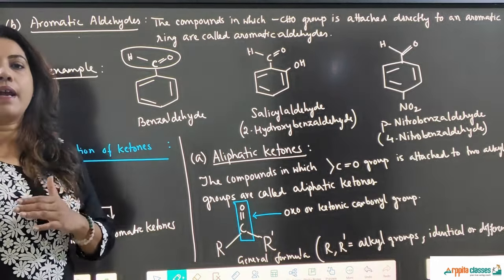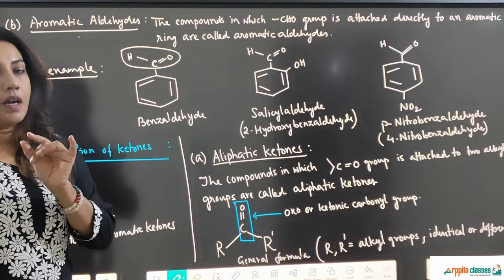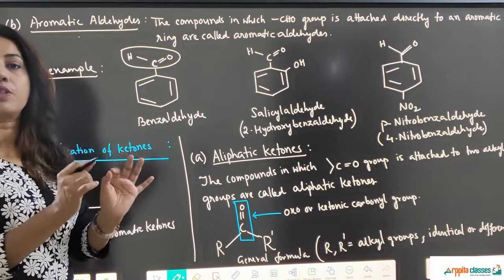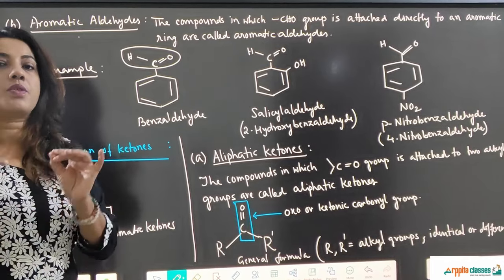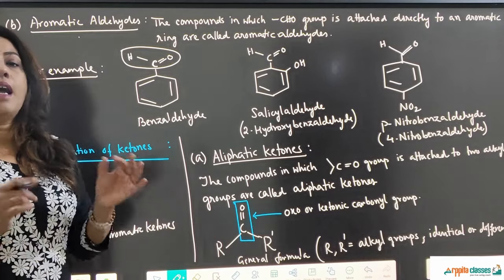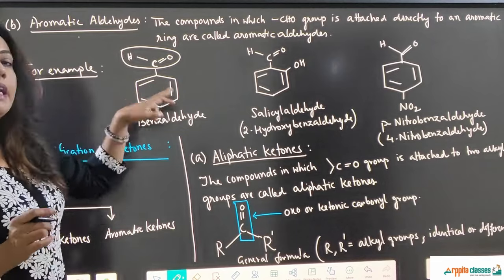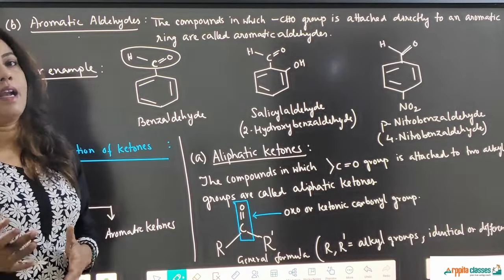Basically it is classified as aliphatic and aromatic depending on which carbon atom the formyl group is attached to. If the formyl group is attached to an sp3 carbon atom, it is an aliphatic aldehyde, and if the formyl group carbon is directly attached to an aromatic ring, then it is called an aromatic aldehyde.